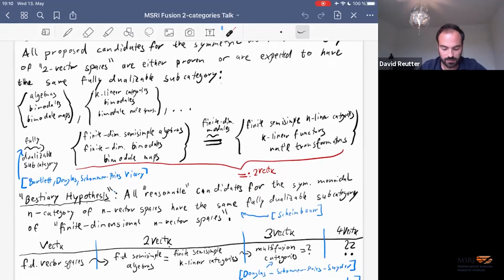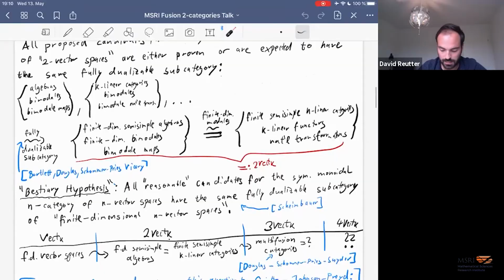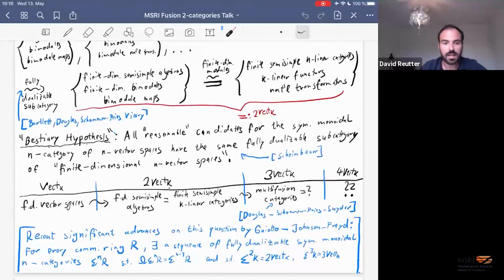So before I continue, before I actually give the definition, I think this is a good point to make a disclaimer, which is that on this specific question of what's a good notion of high-dimensional linear algebra, there have been some recent very significant advances, I think, by a paper of Reutter and Johnson-Freyd. They have a construction which takes a commutative ring, and from this commutative ring, they construct a sequence of fully dualizable symmetric monoidal n categories that deloop each other.